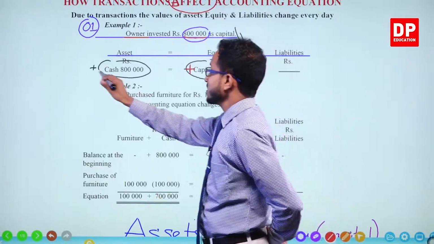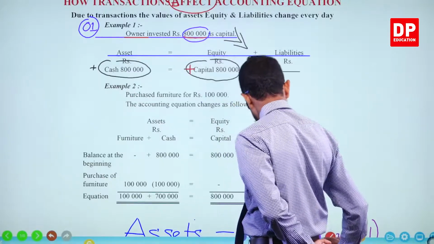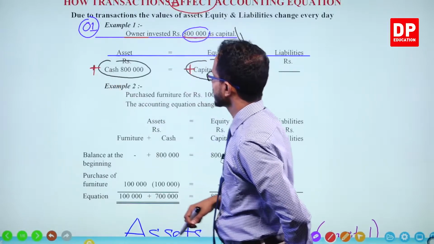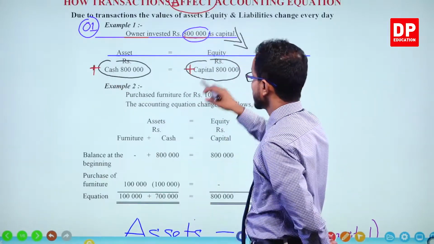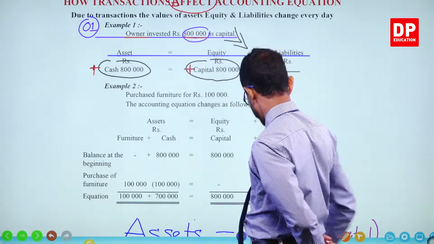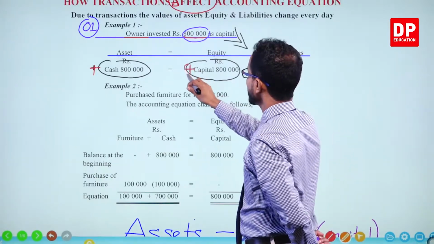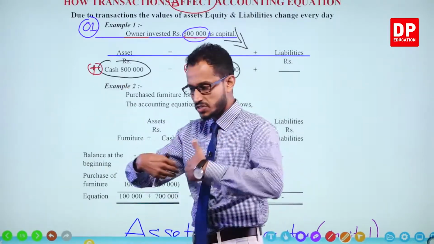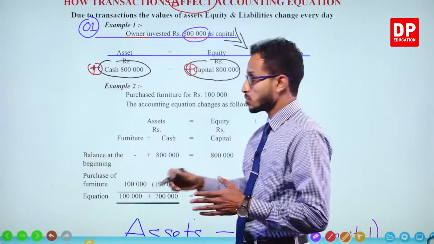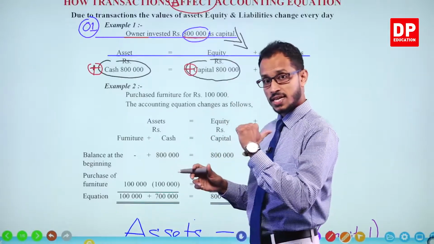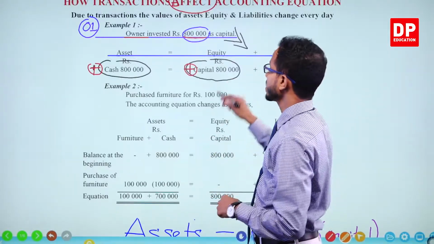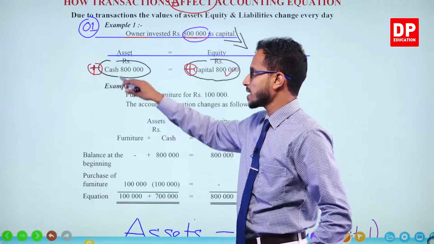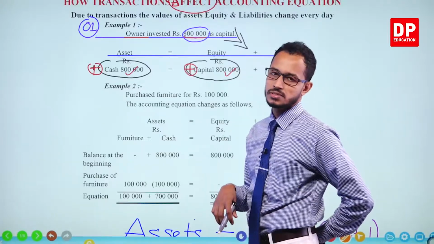So inside the business, assets increased by 800,000, as well as the equity increased, because equity means the money or the resources invested by the owner. So the money which belongs to me inside the business increased. And that money is an asset to the business.